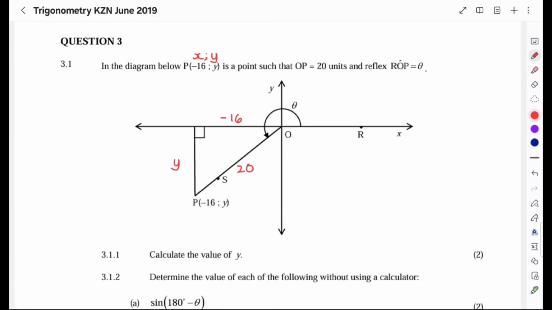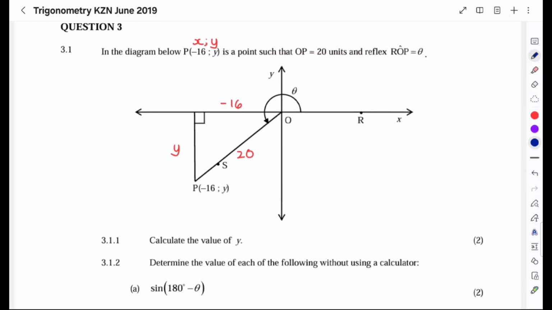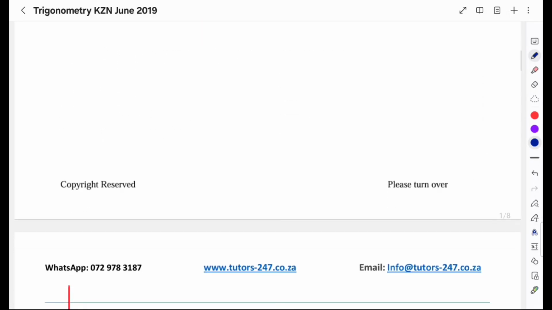Now, our first question states 3.1.1, calculate the value of y. Now, we have 2 out of the 3 sides of this right-angled triangle, so we can use the theorem of Pythagoras. So, let us get started.